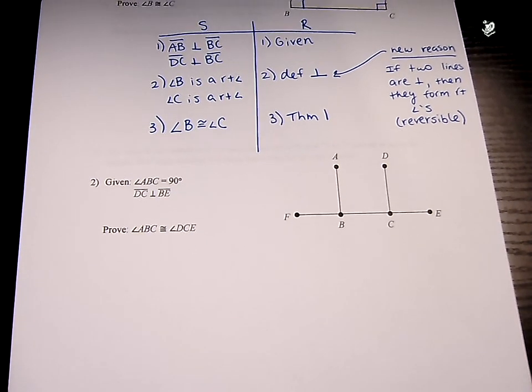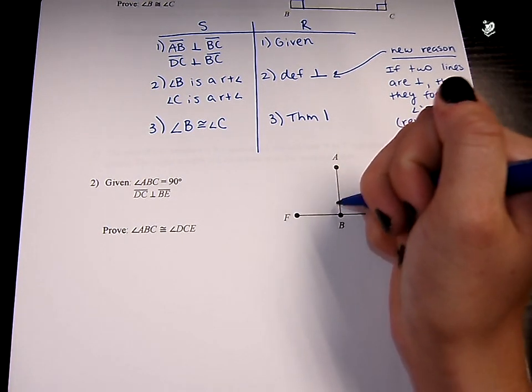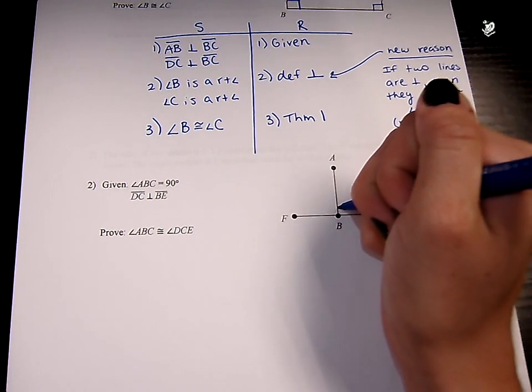You're given that angle ABC is 90 degrees and DC is perpendicular to BE. Prove that angle ABC is congruent to angle DCE. So I'm going to mark up my diagram again. I know that ABC is 90 degrees, so I'm going to put my box.